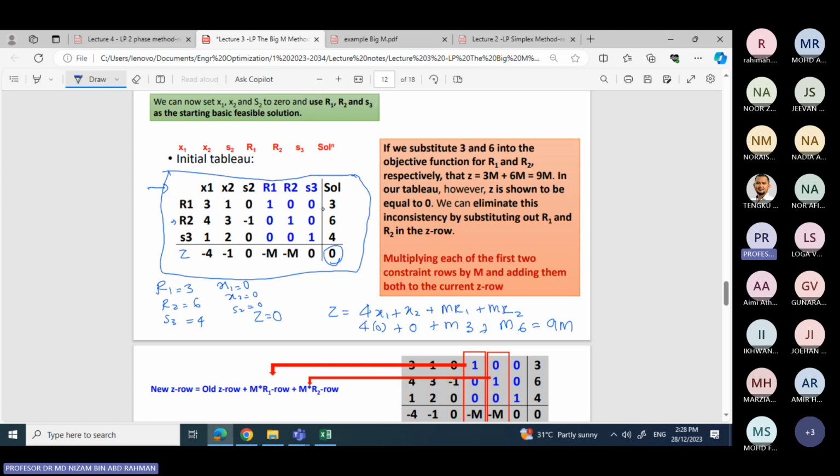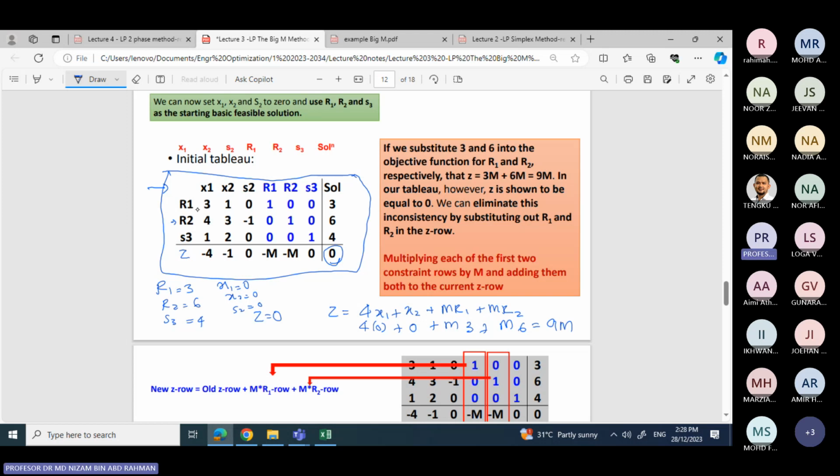How do we fix it? Whenever you have this situation, most often than not, unless it's a very minor occurrence, what happens is, if you look at this, these are the basic variables, R1, R2, S3.